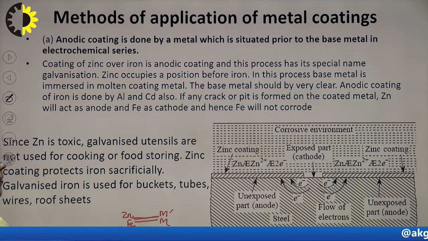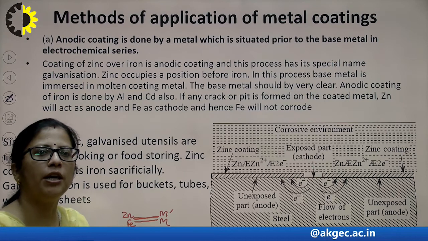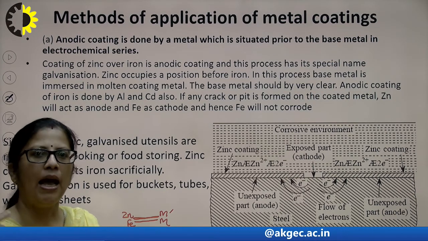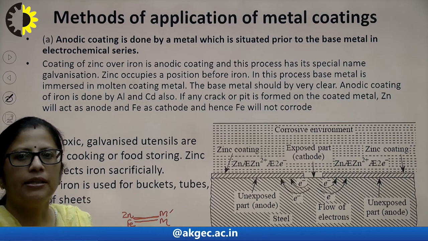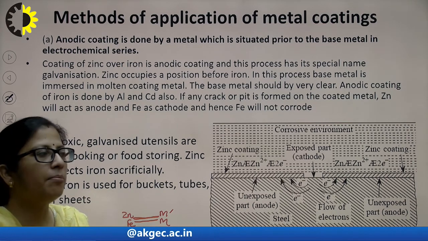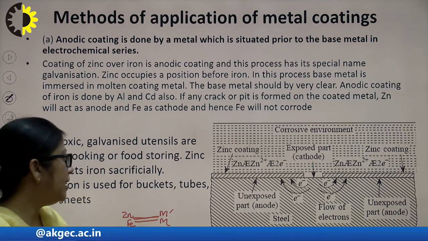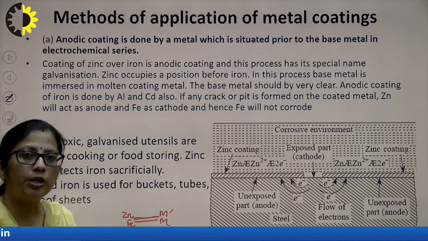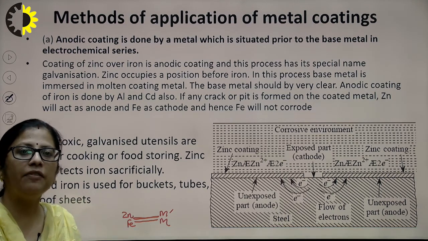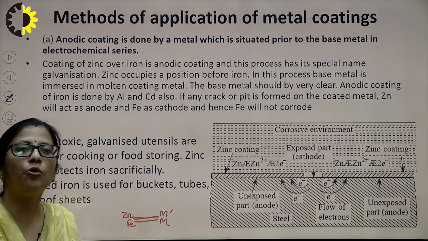So, here in this process the base metal is immersed in molten coating metal, and the base metal which we are using should be very clean. The anodic coatings of iron are done by aluminium and cadmium also, but these coatings protect the metal even if there is some crack in them.